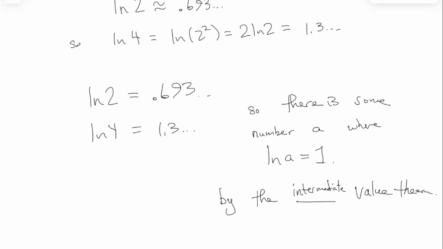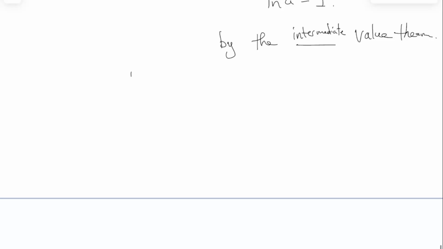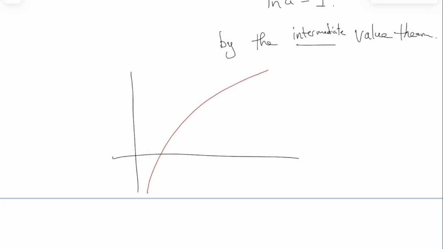All right. So if one of these values is less than 1 and another is greater than 1, that means there has to be somewhere in between where the value equals 1. So the graph looks like this. Here's 1, here's 2, here's 4. 2 is at like 0.6. 4 is at like 1.3, right?